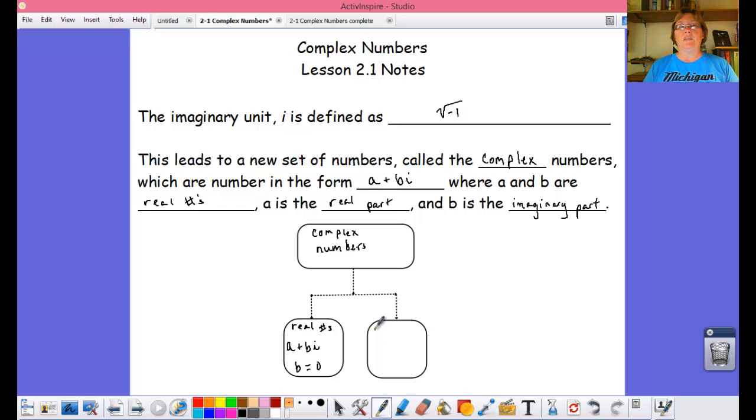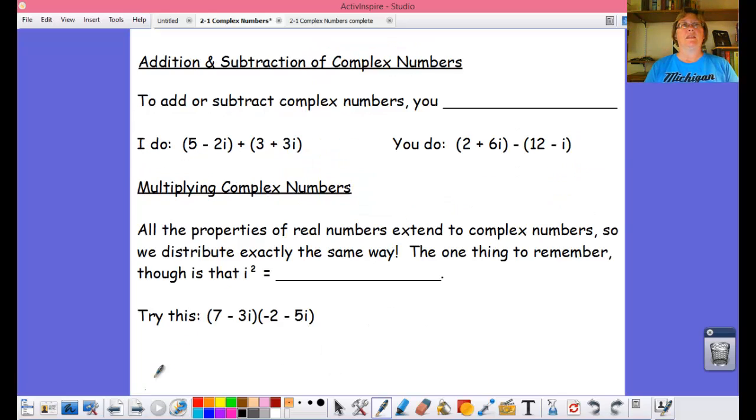You also have imaginary numbers, and again, that would be where b is not equal to 0. So the whole real number system is all part of this greater thing, the complex numbers. We're used to operating with real numbers. We're going to get more proficient at operating with imaginary numbers this year.